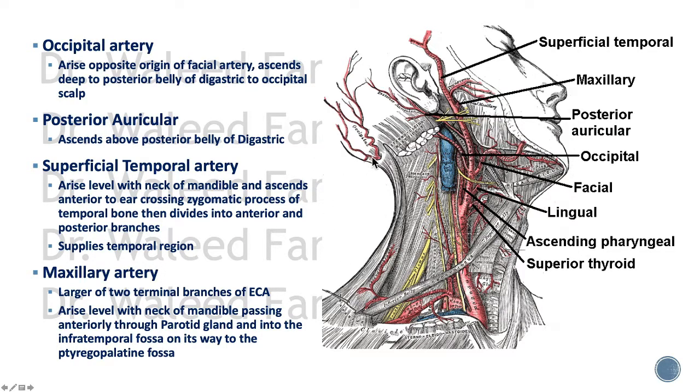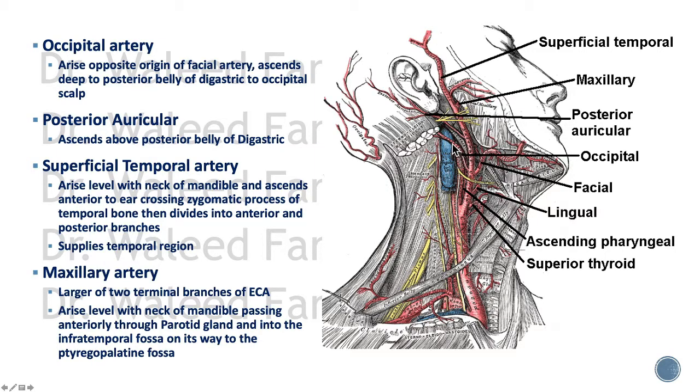The occipital artery. Remember that the occipital artery, this is this one, comes from the posterior surface of the artery, that's one thing. It's hidden underneath the posterior belly of digastric, or in some books they might say that it's parallel to the inferior border of digastric.